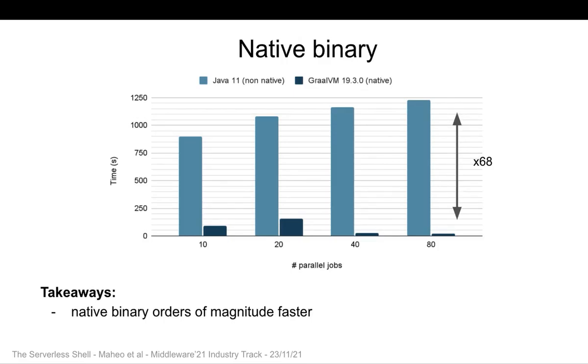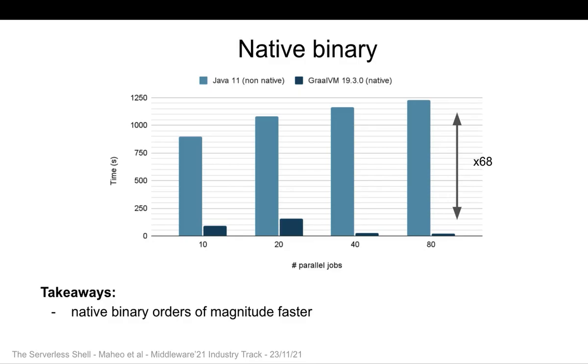Now, one important thing: as we want to run a shell using GNU parallel, if you want 100 jobs, we will run 100 instances of serverless shell.